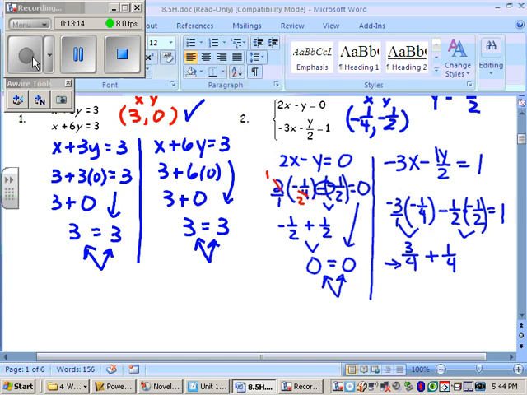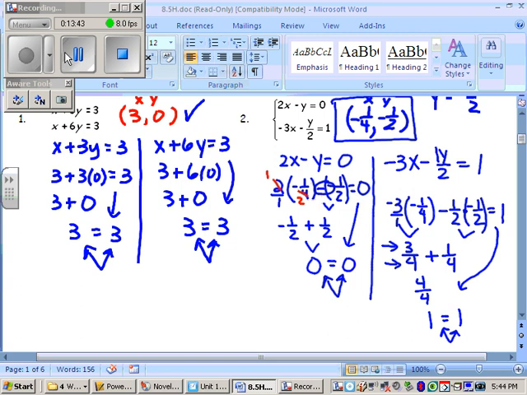Because these fractions have a common denominator, we can add the numerators, giving us 4/4, or 1. If you drop down the right side of the equal sign, that also equals 1. So we can see our values match. So we can be confident that negative 1/4, negative 1/2 is the point of intersection for this system of equations.